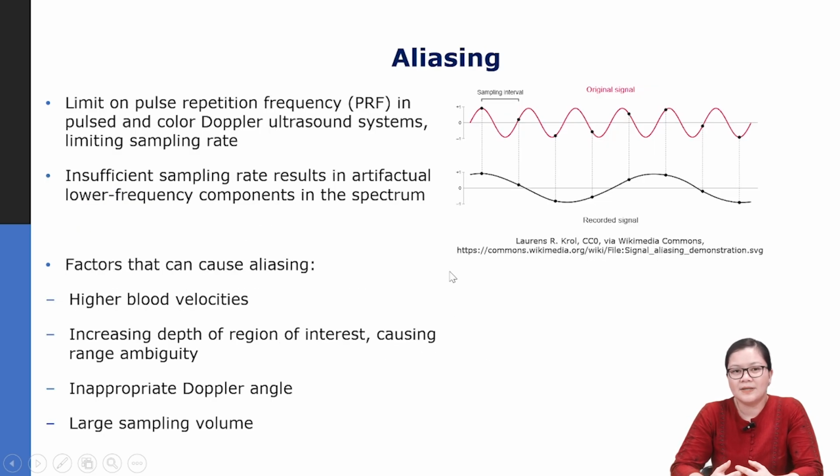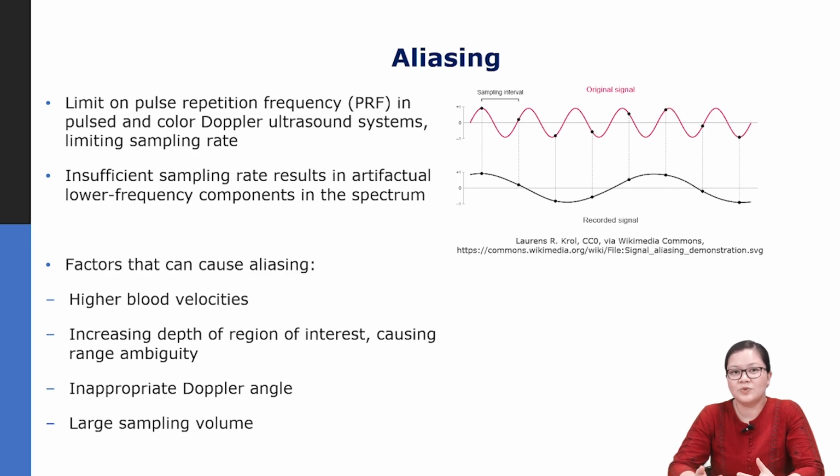There is one component that's very important in terms of adjusting your Doppler display. Let's talk about the concept of aliasing. You might remember from your signal processing class that if you have a signal and you sample it at certain intervals, depending on the sampling rate, you will get a recorded signal. If you sample it enough, then the recorded signal will be similar to the original signal.